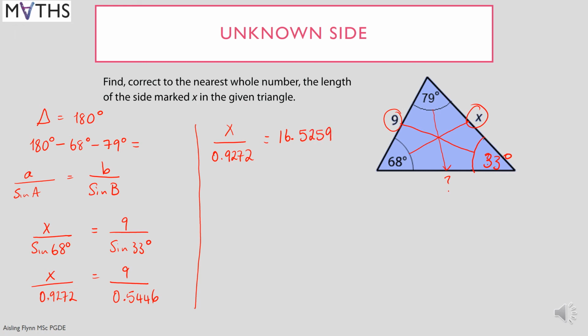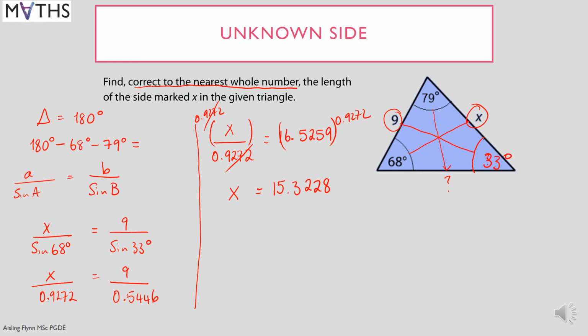And finally, I'm going to multiply left and right by 0.9272 because 0.9272 divided by itself is 1, so I get 1x equals 16.5259 multiplied by 0.9272, which gives me 15.3228. And reread the question: correct to the nearest whole number.